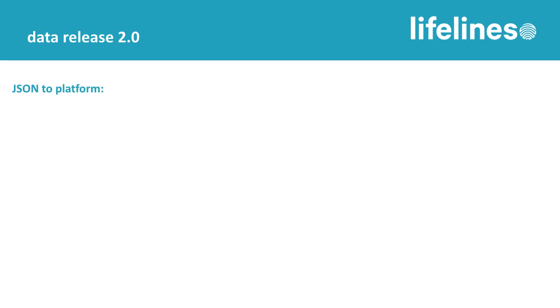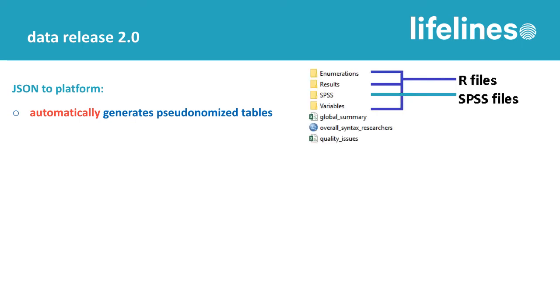Okay, so the JSON that I told you was sent from the catalog to the platform basically triggers the automatic generation of tables. It will also automatically pseudonymize these tables. And this is what it looks like when you go into your workspace. This is where you find the results of that table generation.